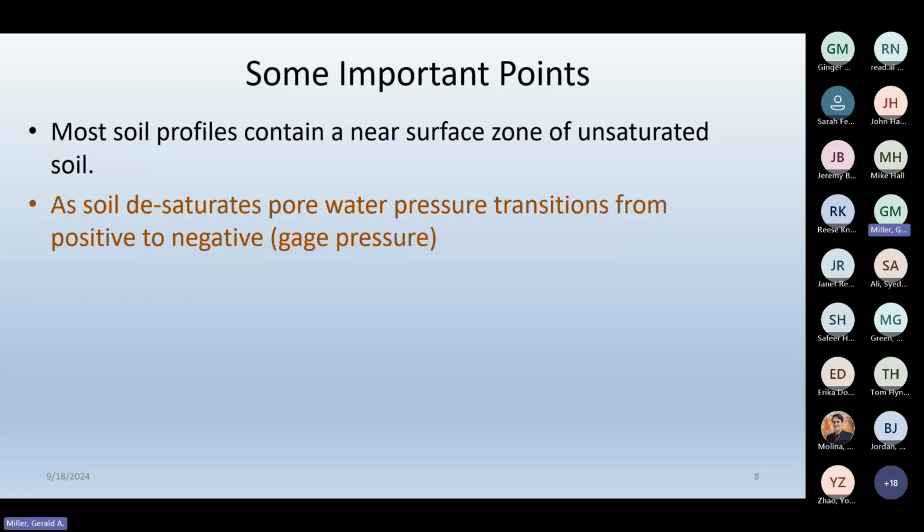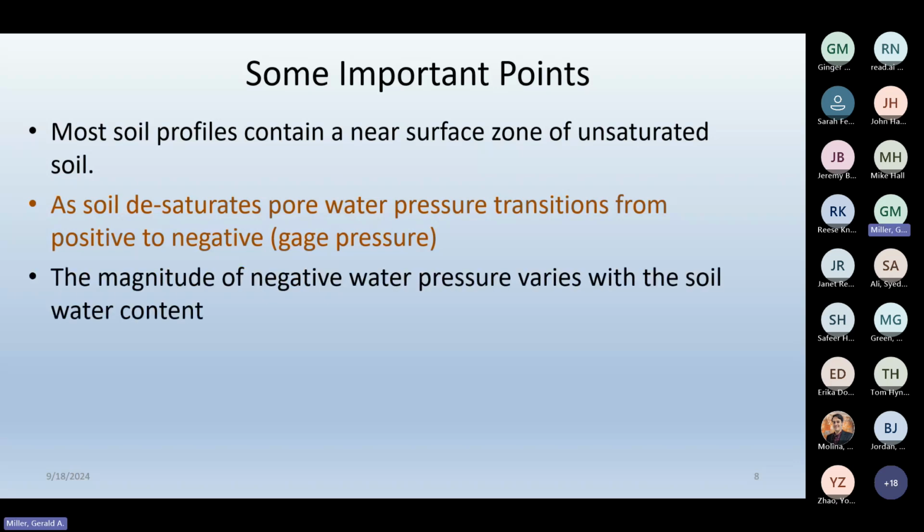So if the pore water pressure goes from positive to negative as the soil dries, the effective stress increases. Well, that's good from a mechanical behavior point of view. It means the soil is going to be stronger. But if the opposite occurs, you go from dry to wet, now your pore pressures are getting more positive, and you're going to have decreases in effective stress, which is going to make the soil more compressible and less strong.